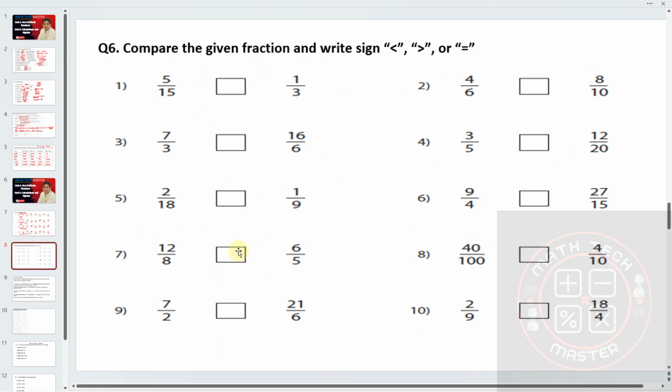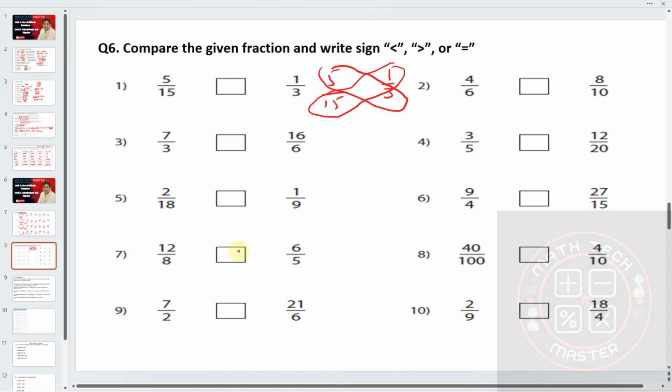equalize the fractions. Equalizing the fractions is very easy. We can apply the butterfly method, which is very easy over here. For example, if it is 5 over 15 and 1 over 3, we have these two fractions. We can make a butterfly like this with the values.